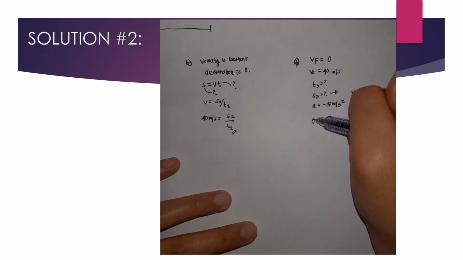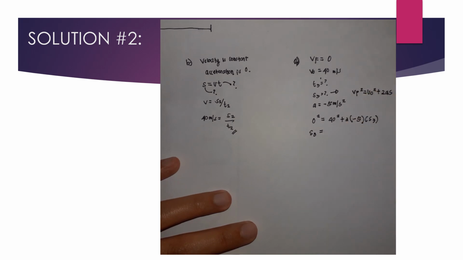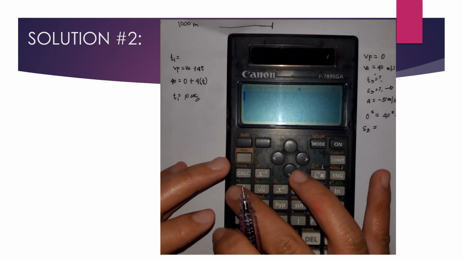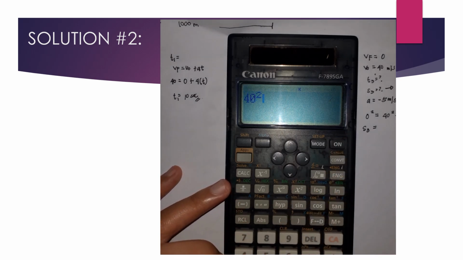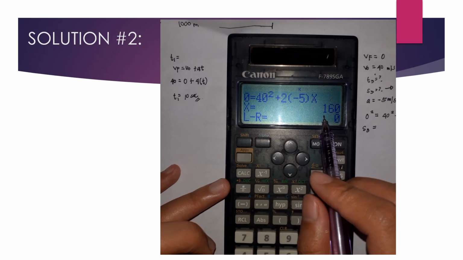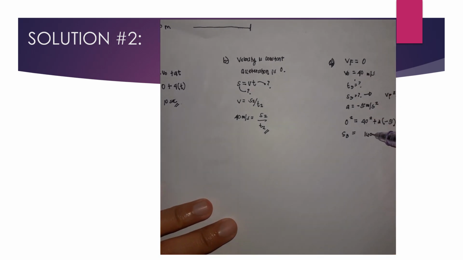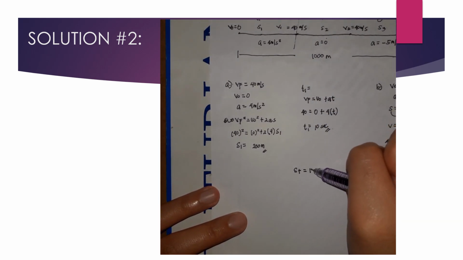So solving for S3, we use Vf squared equals Vi squared plus 2aS: 0 squared equals 40 squared plus 2 times our deceleration of -5 times our unknown, S3. Solving, we have 160 meters as our S3.